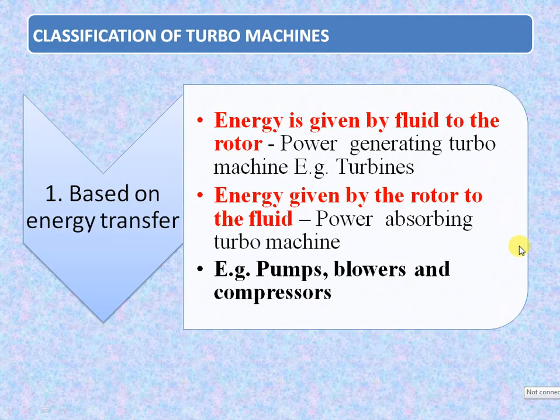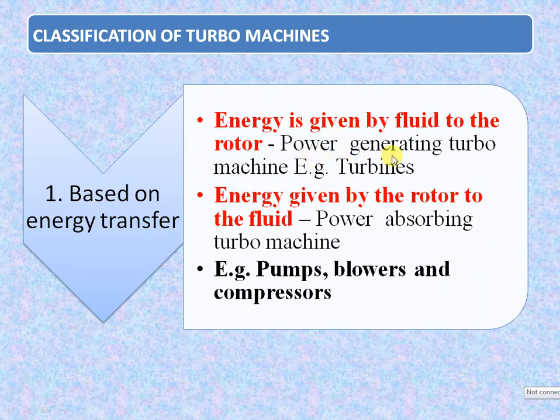The next important point is classification of turbo machine. Friends, turbo machines can be classified according to various criteria, and we will discuss them one by one. The first criterion is based on energy transfer. When energy is given by the fluid to the rotor, it is nothing but a turbine.